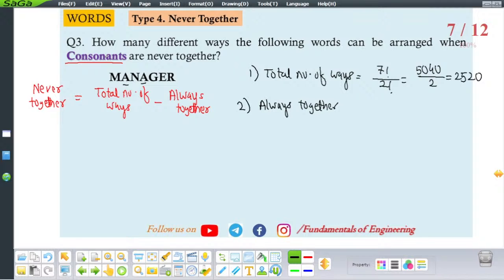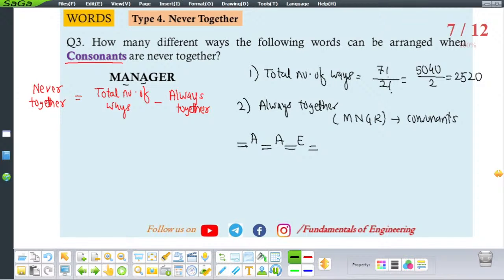Now they will fix in between the vowels A and E. These are the 3 places: at the start, in between A and E, and at the last after the E. Yes, Pratik, you are right. Answer for the second word, manager.